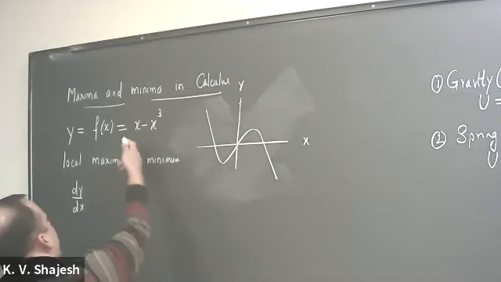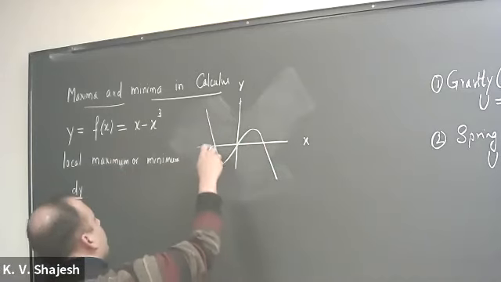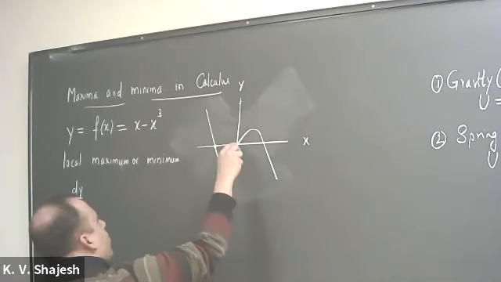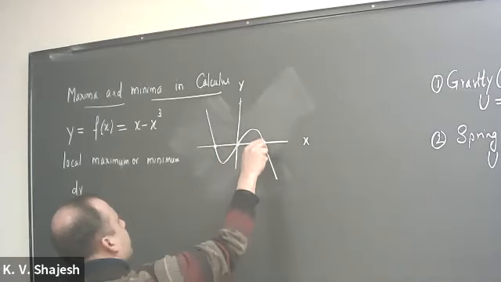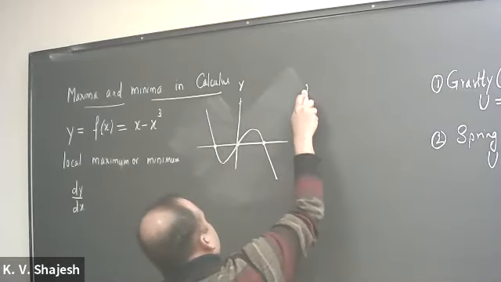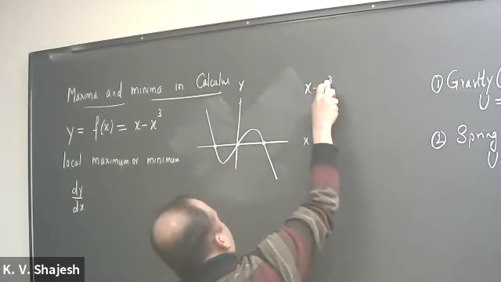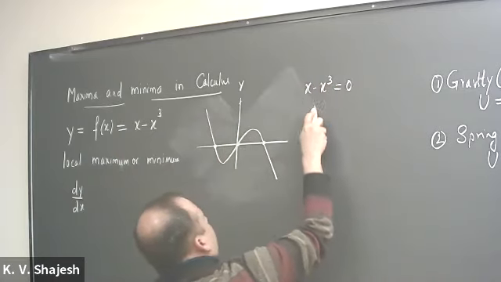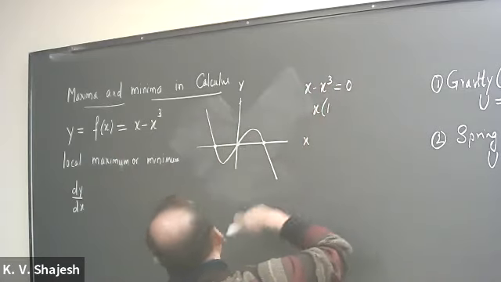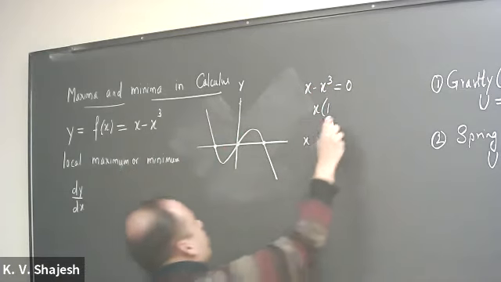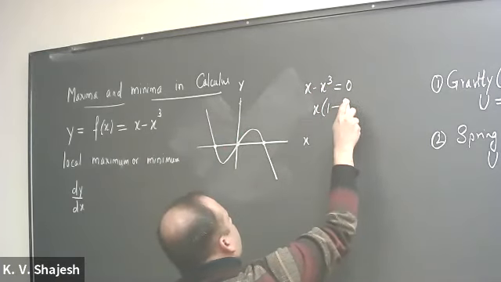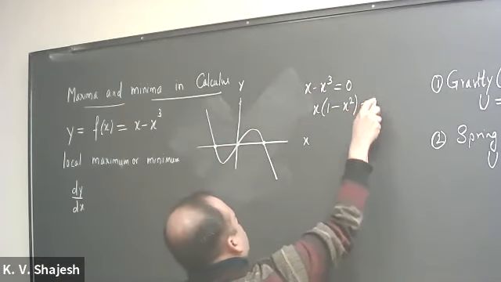If I were to ask when does this function go to 0, it seems like there are 3 points where it goes to 0. How do I find them? x minus x cubed has to be equal to 0. So x times (1 minus x squared) has to be equal to 0.